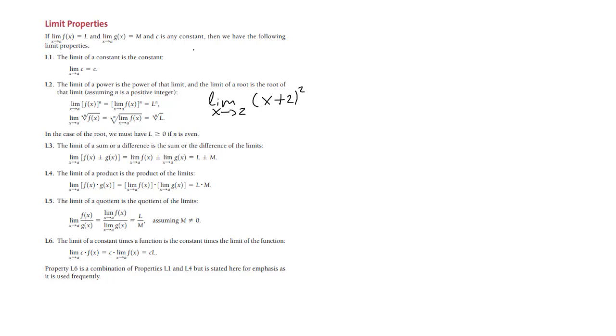Let's say we want to find the limit when x approaches 2 of x plus 2, which is f of x, raised to the second power. Well, using the limit property, I can write it this way. First of all, I can find the limit when x approaches 2 of x plus 2, and all of this is going to be raised to the second power.